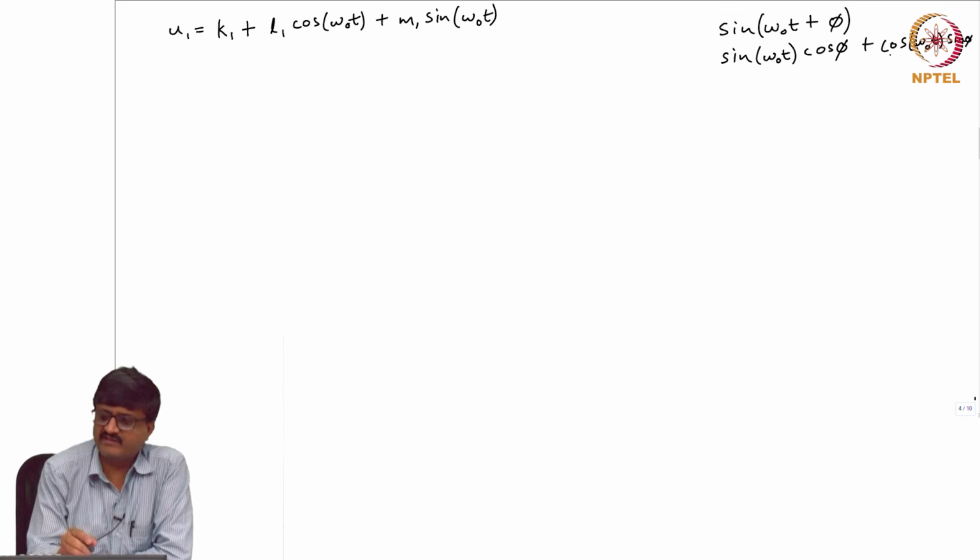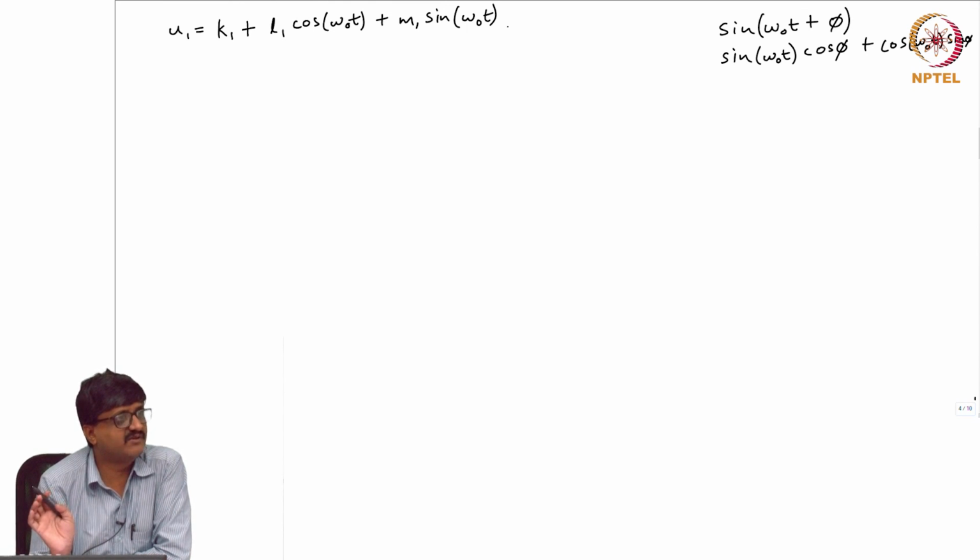So, what I am trying to say is, I can in general write u1 as a constant plus a constant factor times cos omega ot plus a constant factor times sin omega ot. Can I do that? Because I will get terms like sin omega ot plus phi. Of course, there is a coefficient to that which is a constant. So, that gets absorbed in L1 and M1.